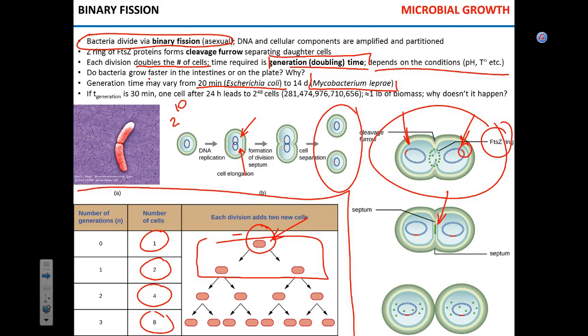What do you think? You think in the colon. Generation time for E. coli in the colon is about 2.5 hours. In the lab it's 20 minutes. Now, can you explain it to me? Why does it grow faster on the plate in the lab?